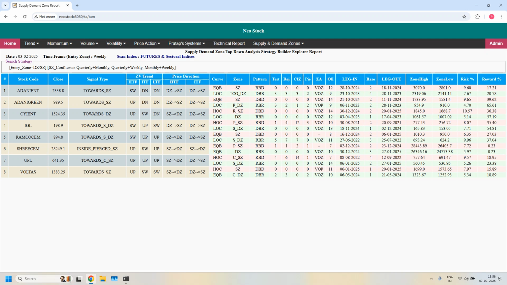So these 8 weekly supply zones are having zone confluence with monthly and quarterly together. Out of these 8, we can also further filter based on the quarterly EMA confluence.